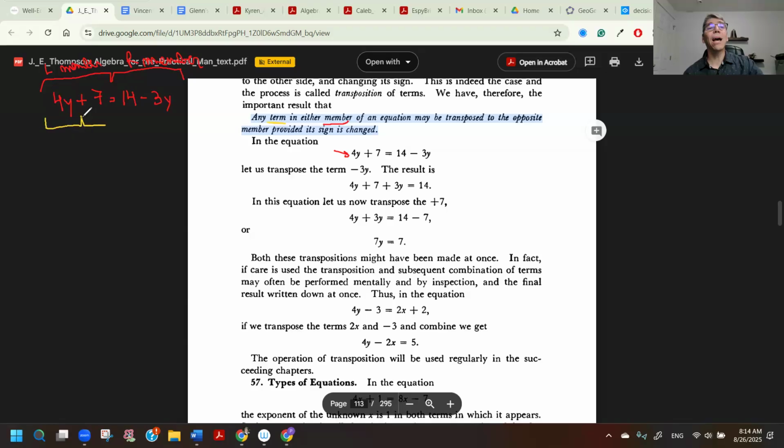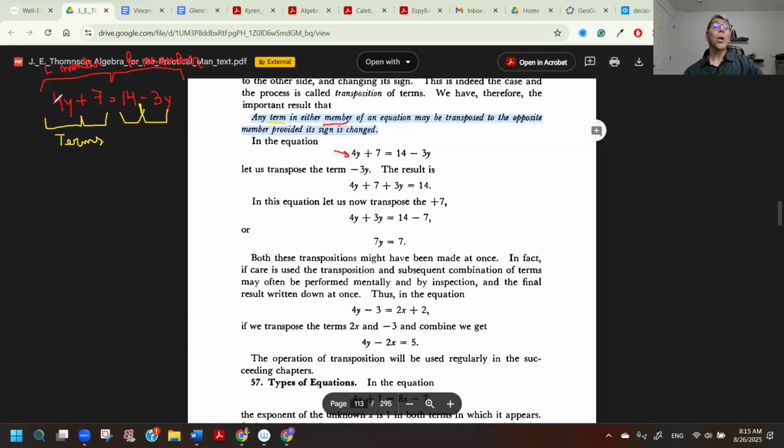Here we have the terms of this equation. This equation has two members. Every equation has two members. Each member has two terms, so we have four terms in total. Notice that the sign follows the term.